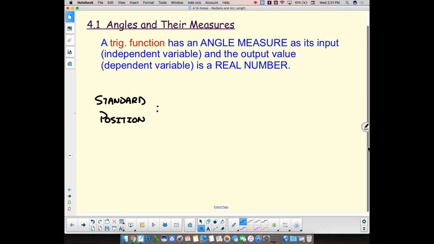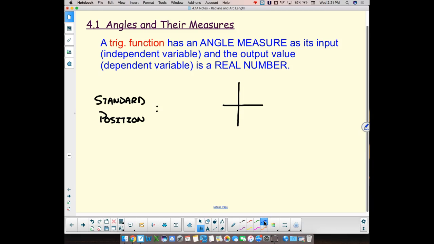If I were to draw a crosshair, or a coordinate system, the first thing that I would put on my angle would be something called the initial ray.